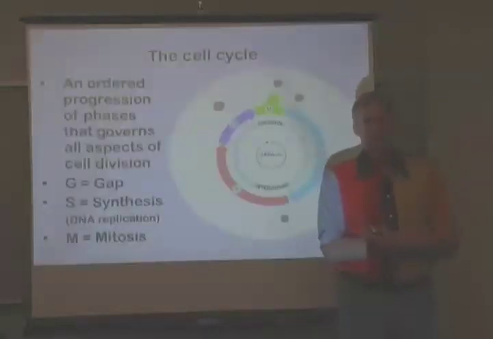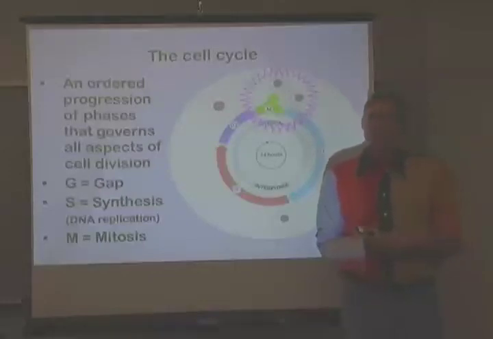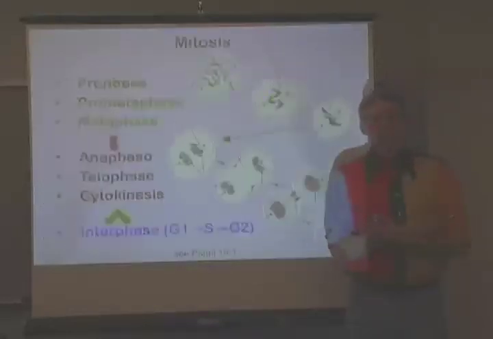We've talked about the cell division cycle. That is the ordered progression through DNA replication and then separation of chromosomes. Mitosis is M phase. That is just the green bit at the top, mitosis.